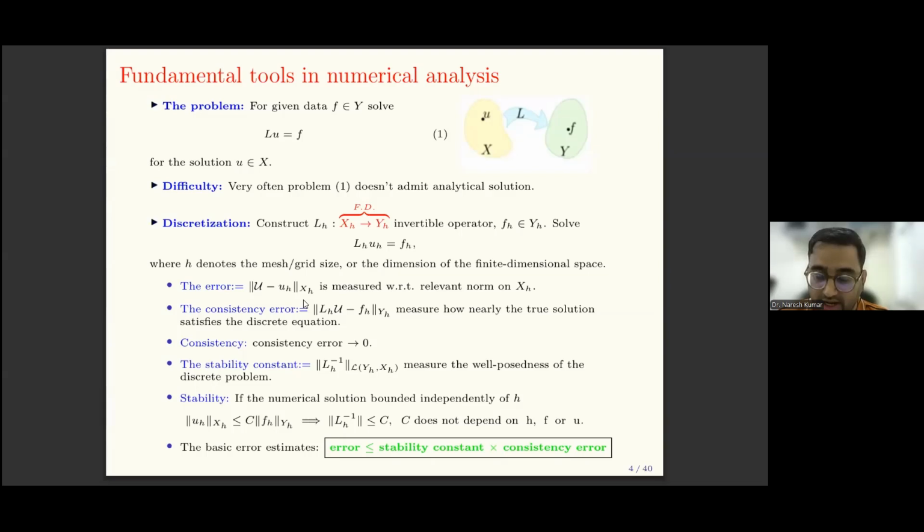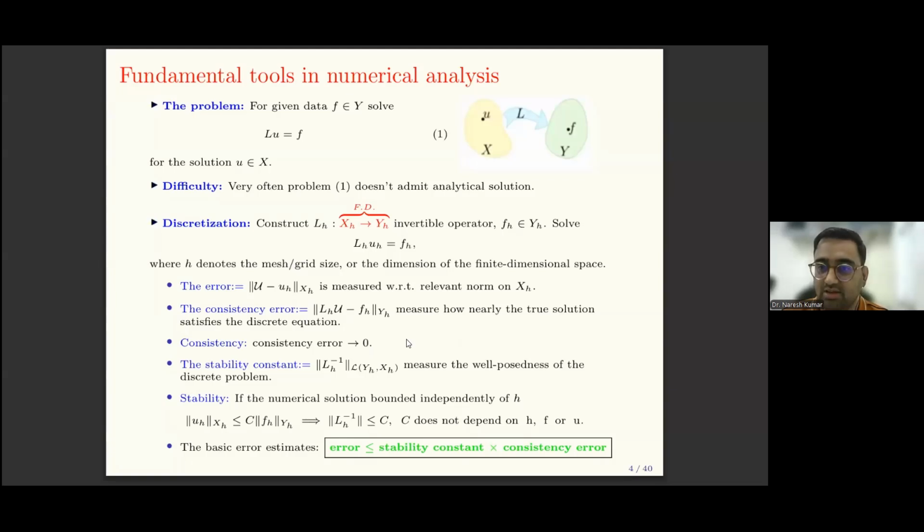Suppose Uh is the approximate solution, and on the discrete grid points we calculate the analytical solution, called capital U, then we measure the error. And once we apply any numerical scheme, we also find the consistency error.